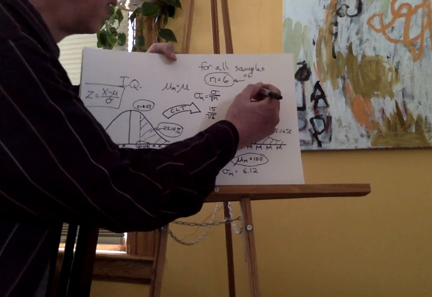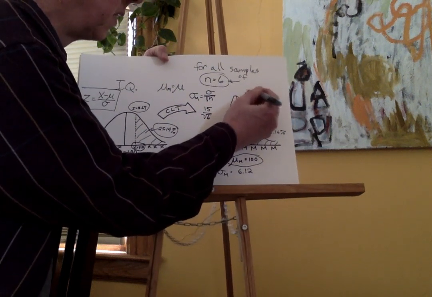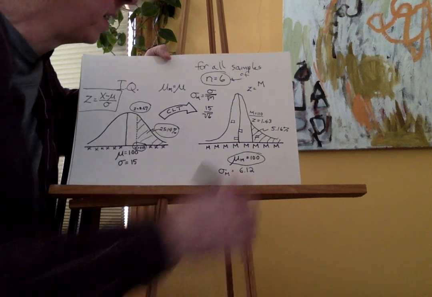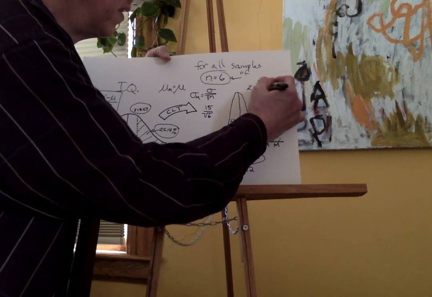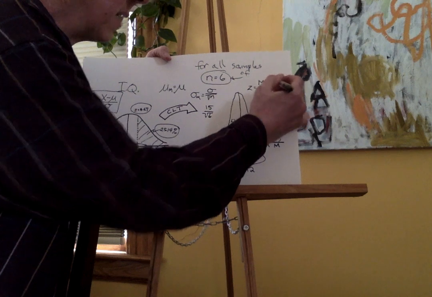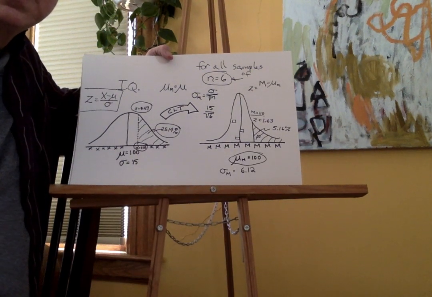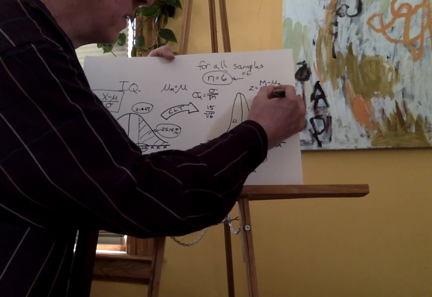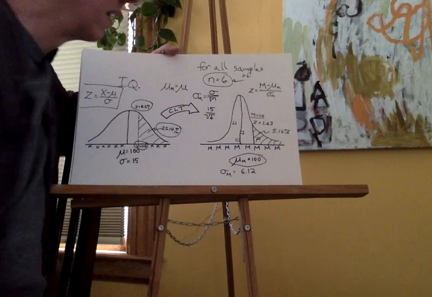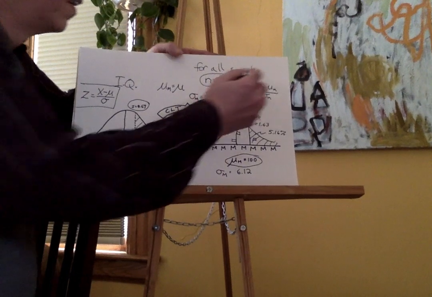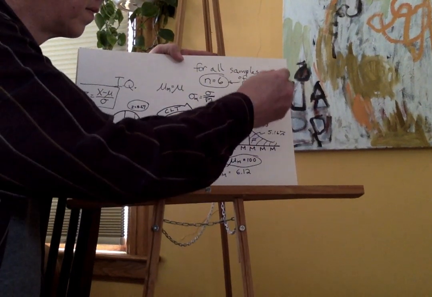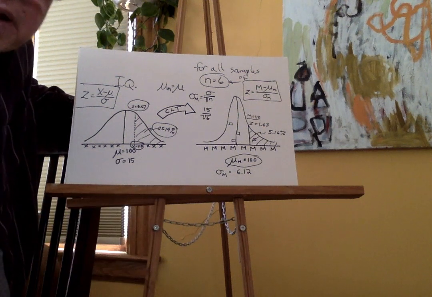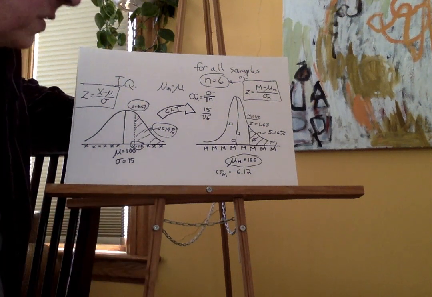So in this case, my z-score is going to be the sample mean minus the mean for all the sample means, take your time, divided by the standard deviation for all the sample means. Okay? Really, same formula. Okay? Just have to keep in mind that we're looking at samples in this case.